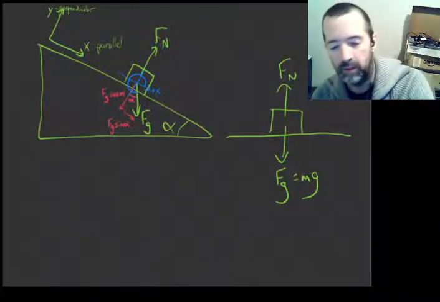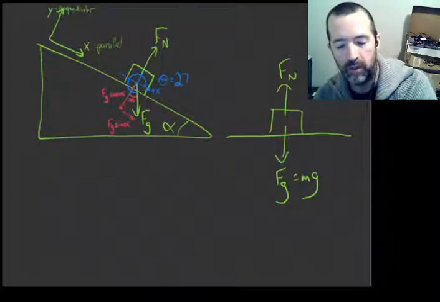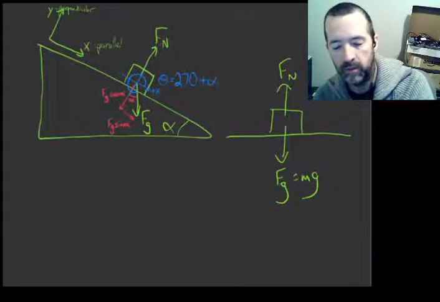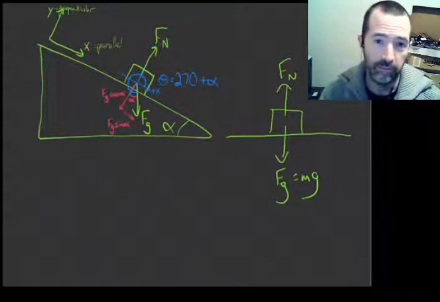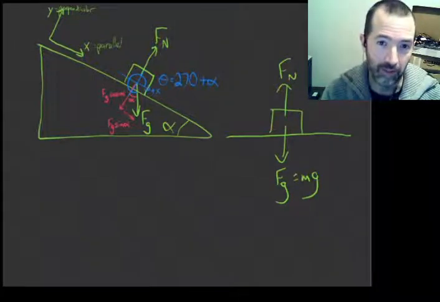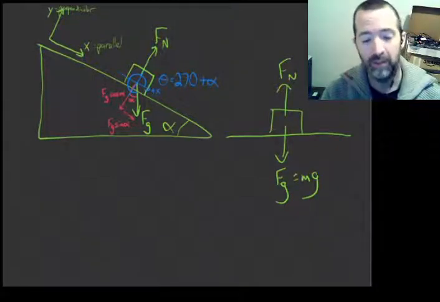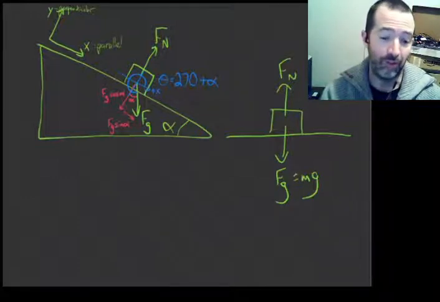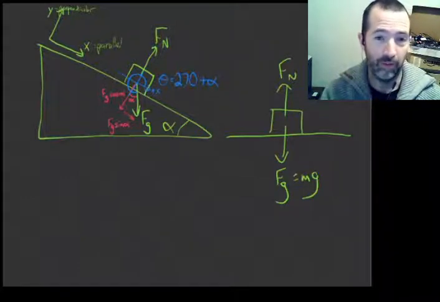So the angle theta is 270 plus the angle alpha. If you really want to use theta so that cosine is always x and sine is always y, you can, you just have to make sure you're actually using the number for the angle theta.